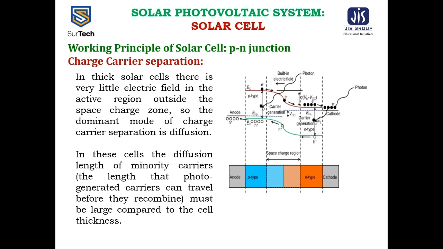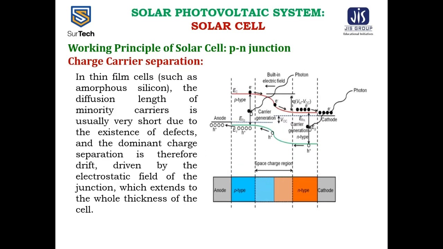In thin film cells, such as the amorphous silicon cell, the diffusion length of the minority carriers is usually very short due to the existence of defects, and the dominant charge separation is therefore driven by the electrostatic field of the junction, which extends to the whole thickness of the cell.